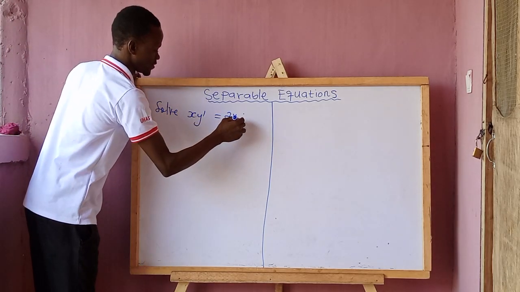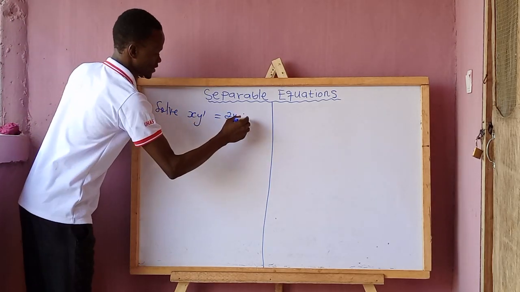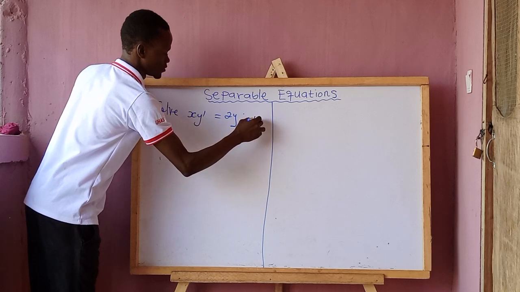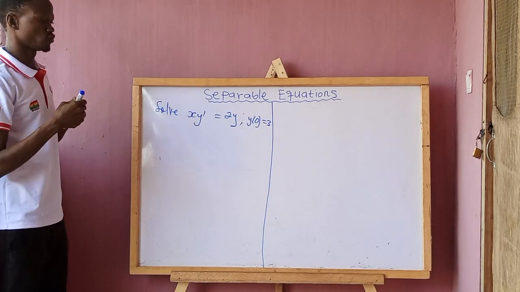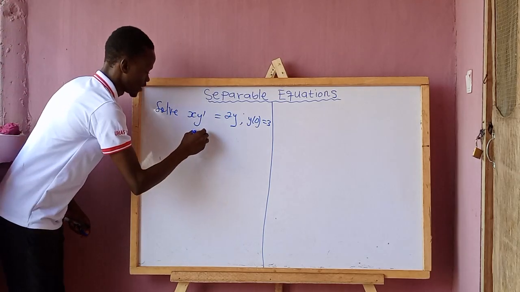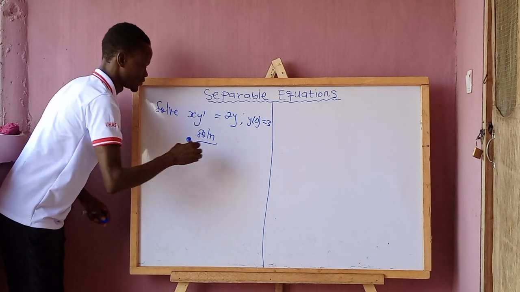It is an initial value problem which says that y of 0 should be equal to 3. Now let's look at how to solve this equation.